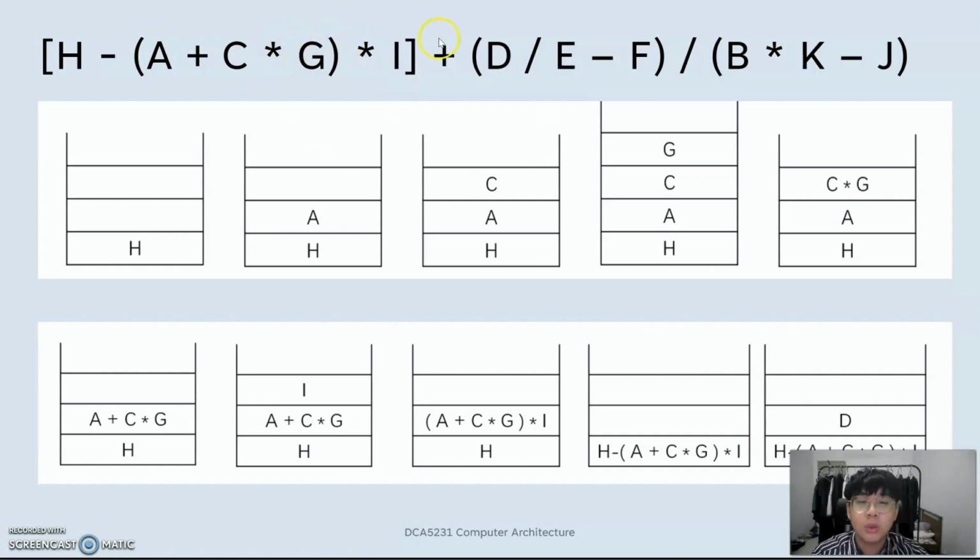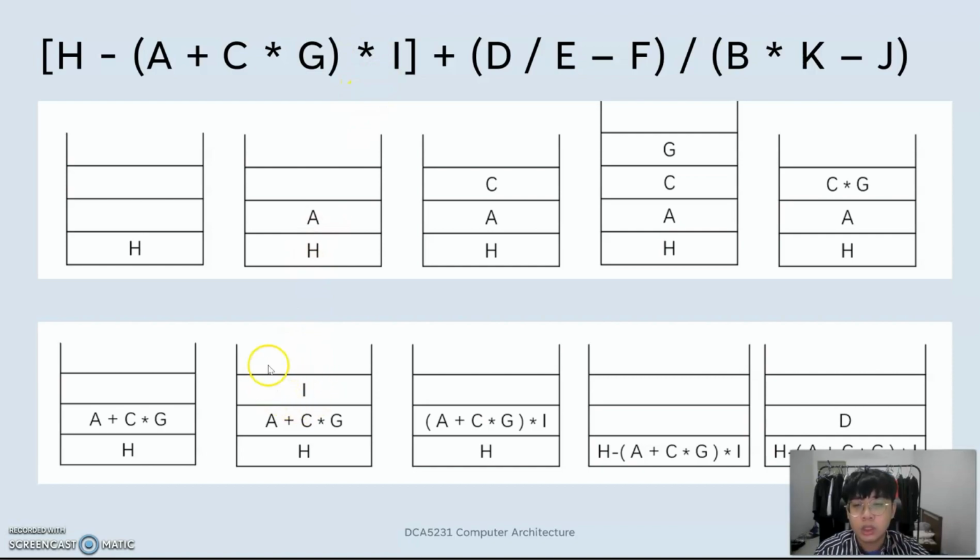So we put the operator into the stack, and the stack will be c multiple g. Now we put the operator plus, so the answer is a plus c multiple g. Then we look at the multiple I. Because the multiple is done first, we push the I first, then we put the multiple into the stack.